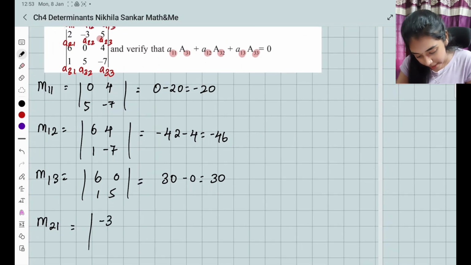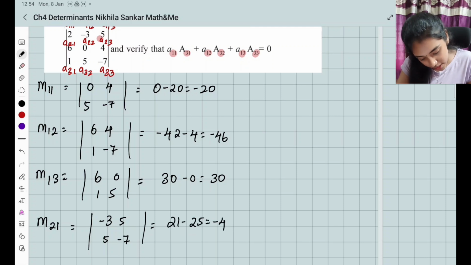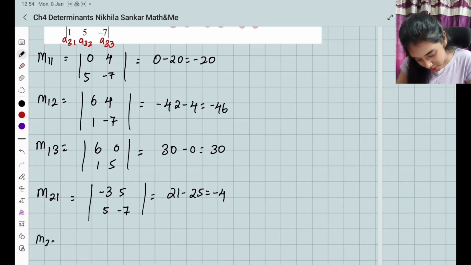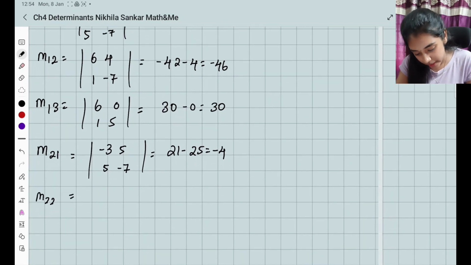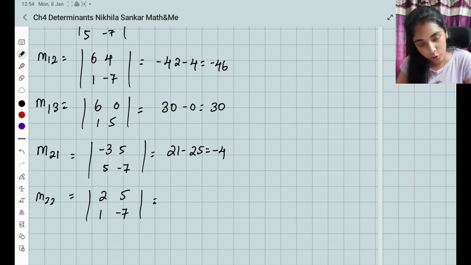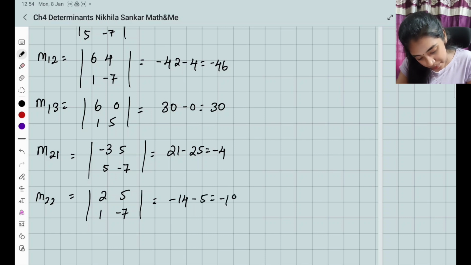I'll be left with minus 3, 5, 5, minus 7. So, this is going to be 7 3s are 21, minus 25, which is minus 4. M22 is going to be the middle row and middle column. So, I have 2, 5, 1, minus 7. You should be able to do these by now. So, 7 2s are 14, minus 14, minus 5, minus 19.